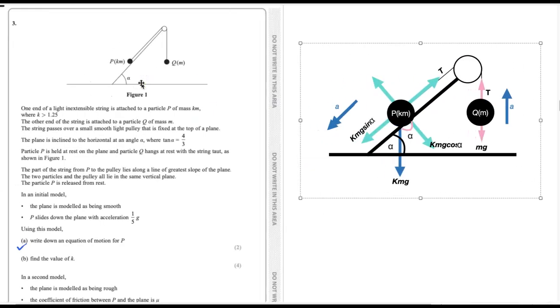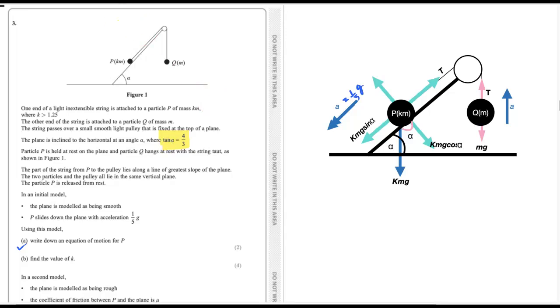So we can see all the forces are already resolved. Part A is asking us to find something, and some information is given to us. The acceleration is 1/5 of g, so we write 1/5 of g, and tan alpha is given to us.